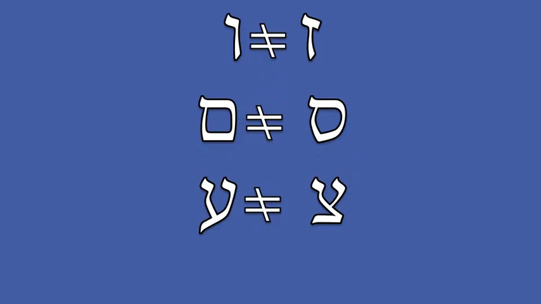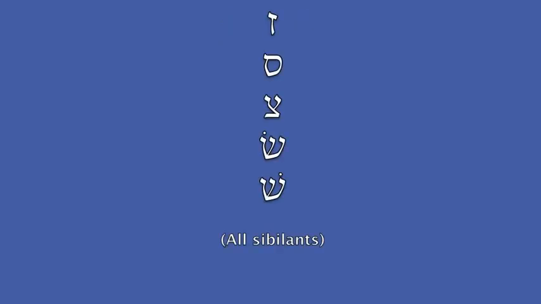And finally, we can distinguish between the ts consonant of this lesson and the one from our first lesson. Let's go on now to listen to all 5 of these new sibilant consonants using the full inventory of Biblical Hebrew vowels.